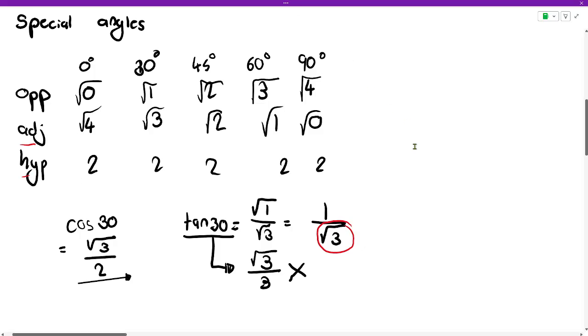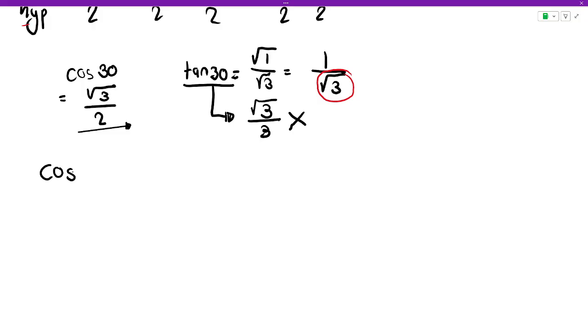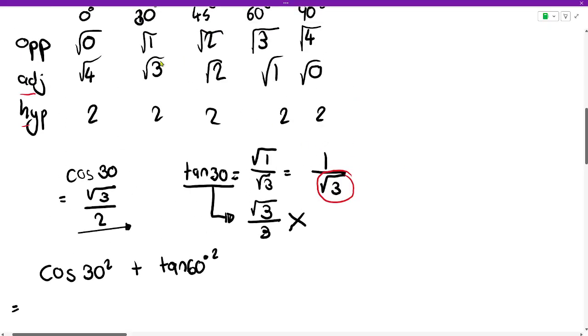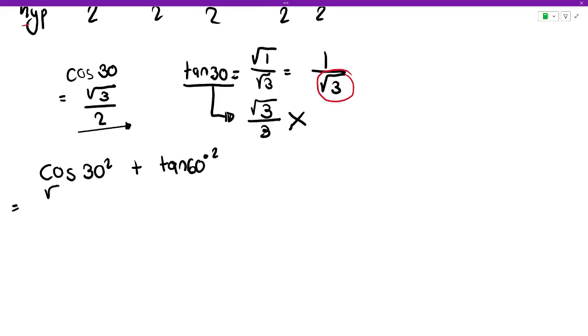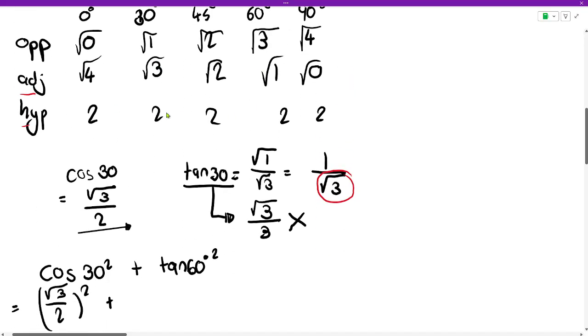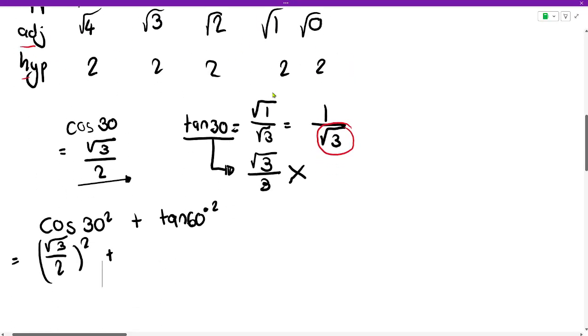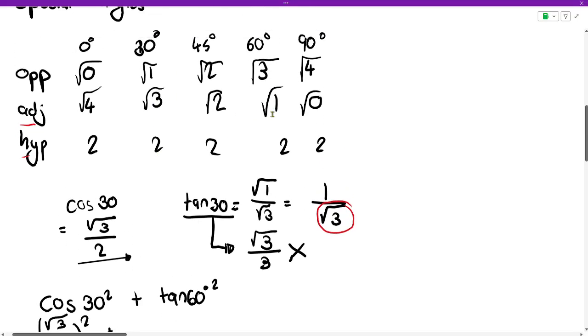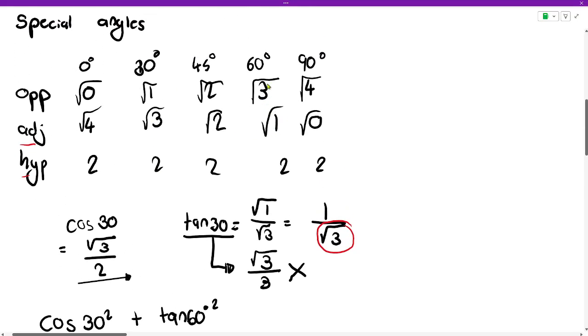Now, for example, I can say cos of 30 squared plus tan of 60 squared. Cos of 30 is root 3 over 2, squared, plus tan of 60. Tan is this here, so it's root 3 over root 1.